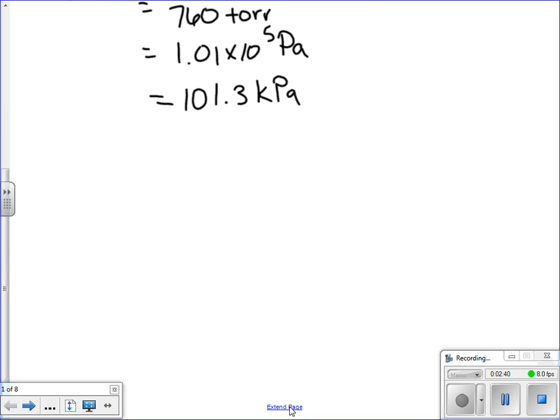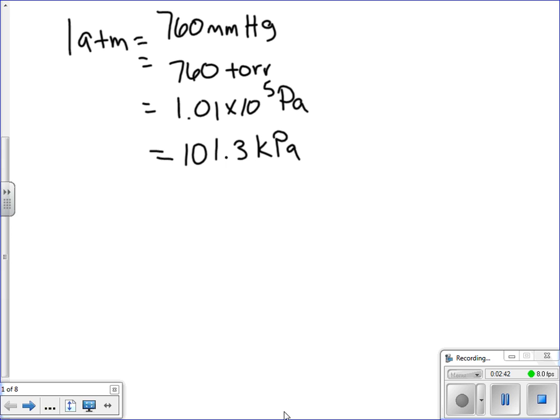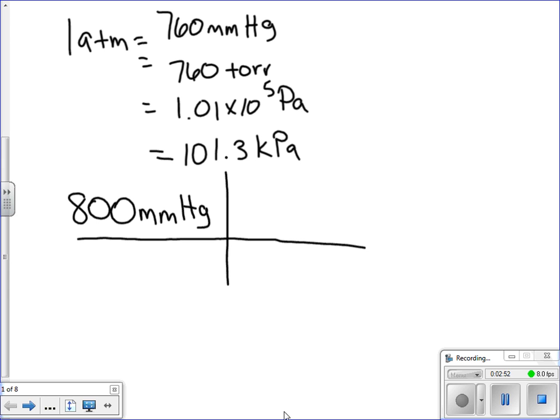If I tell you that we have 800 millimeters of mercury, before you even start your problem, you need to change your millimeters of mercury into atmospheres. So to do that, we set up a real easy conversion box. We know that there's 760 millimeters of mercury in 1 atmosphere.